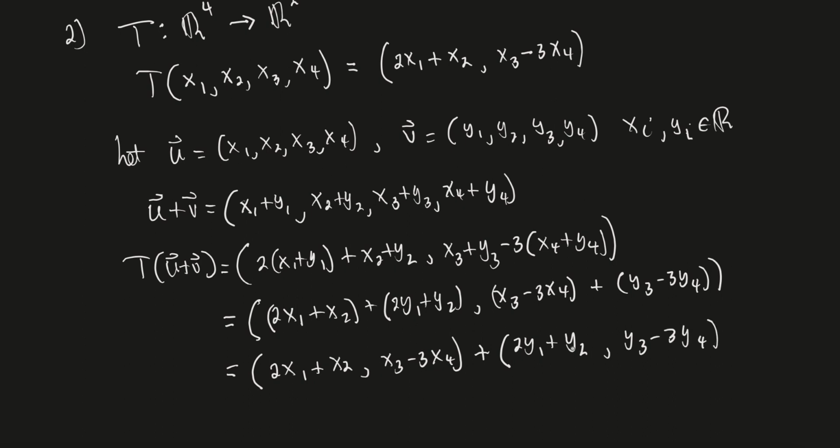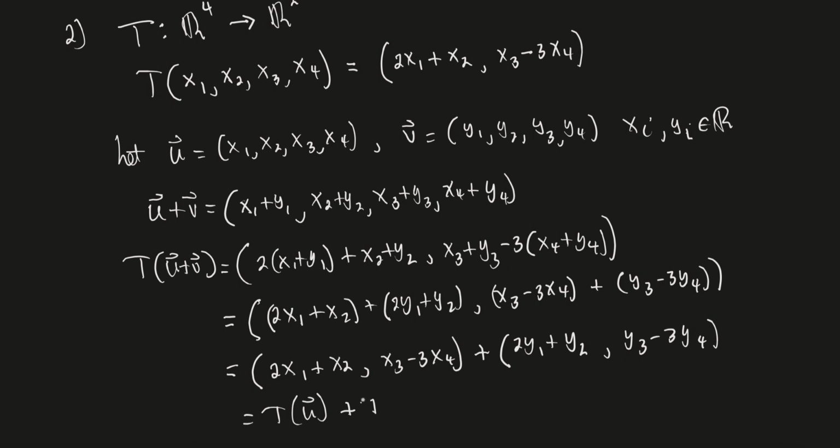Now how does that help? Well, look at this. This is exactly T of u. So right here, this is T of u. This is what I get when I transform my u vector. And similarly, this is exactly what I get when I transform my y vector, or v vector.